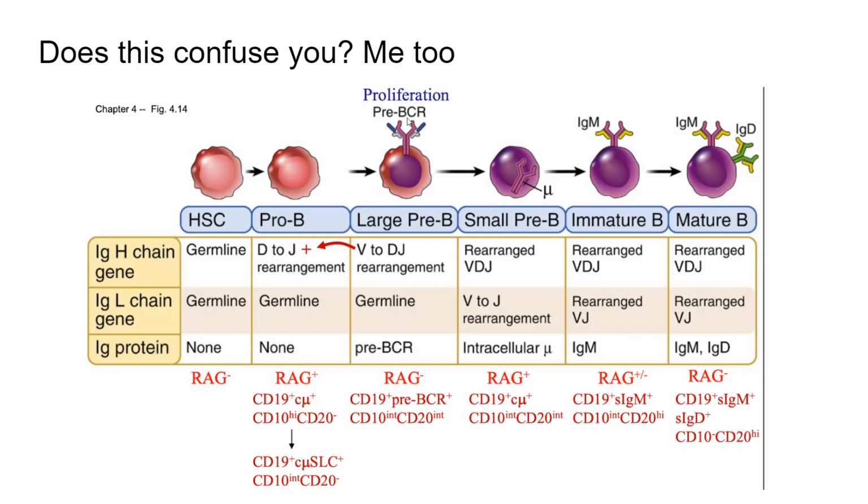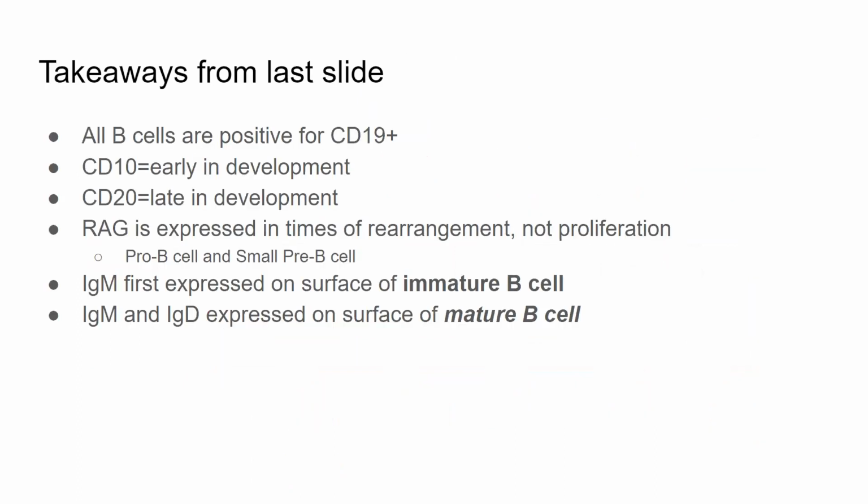And then once it passes this pre-check, it's going to go and rearrange light chain, and then RAG is going to be expressed again. So those are the main points. And then knowing that an immature B cell expresses IgM, but a mature B cell expresses both IgM and IgD.